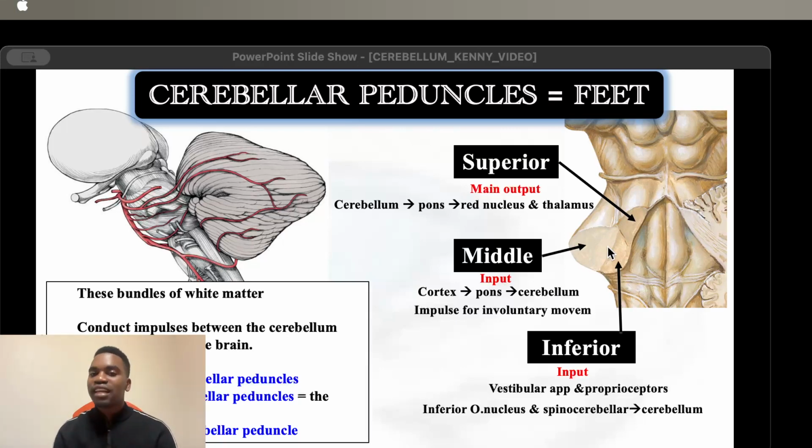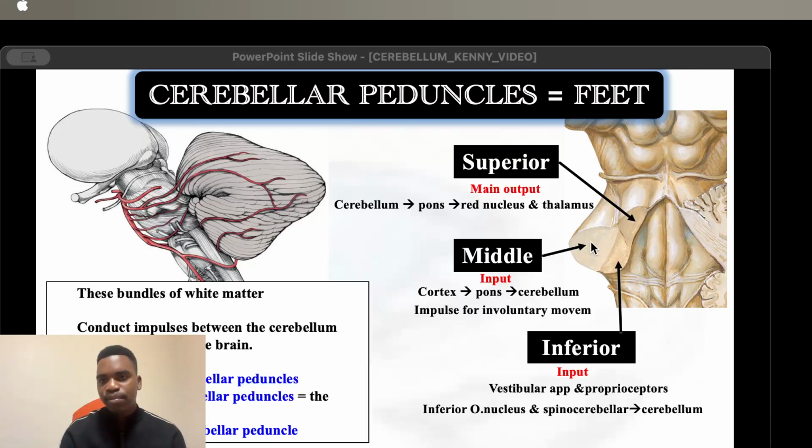But you cannot forget that the superior cerebellar peduncle is meant for output from the cerebellum. And we'll have another one here, the middle one. The middle one is the biggest, the largest of these peduncles.